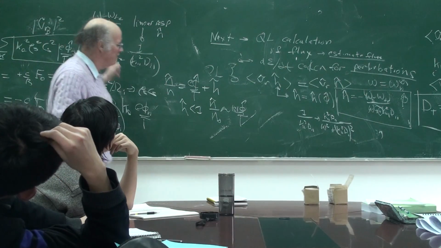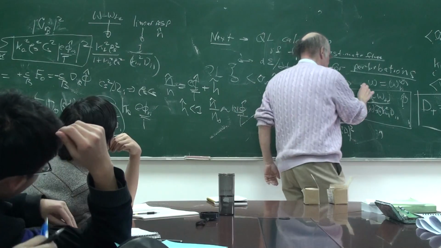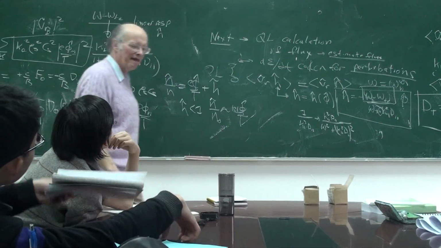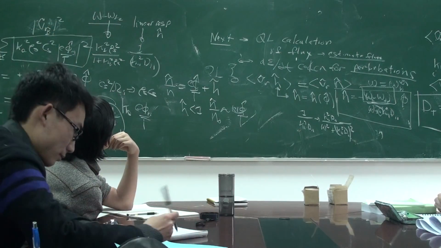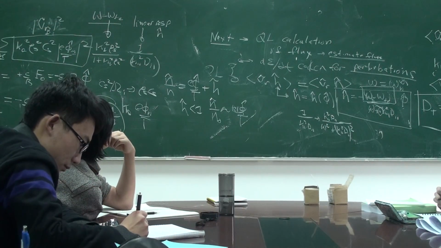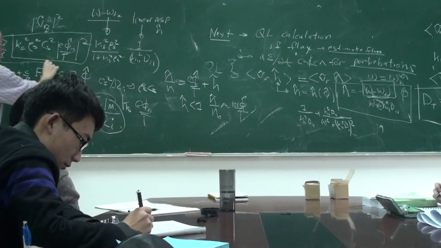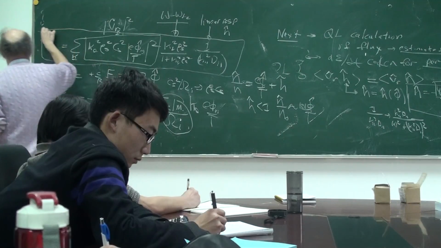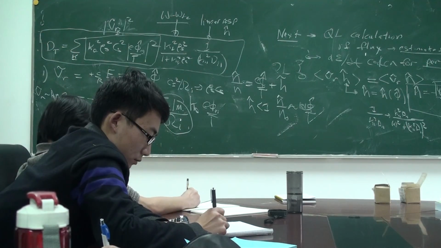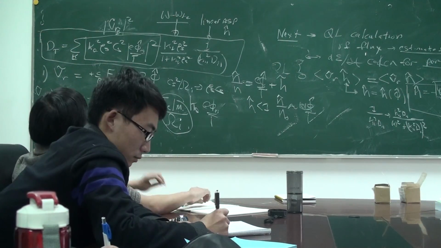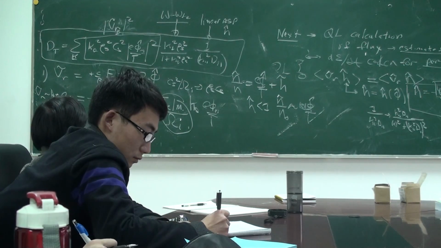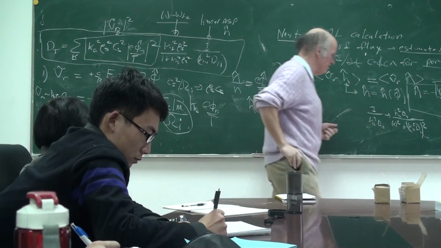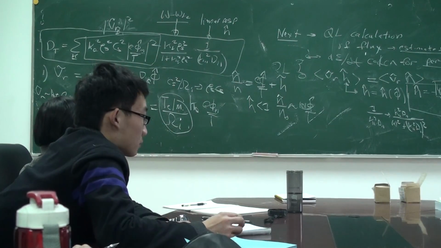In other words, this thing ultimately had its origins in this guy over here, right? Okay, so you see all the pieces are reflected in the turbulent diffusivity. This is the classic quasi-linear estimate of the turbulent diffusivity. Okay? Very fundamental idea.